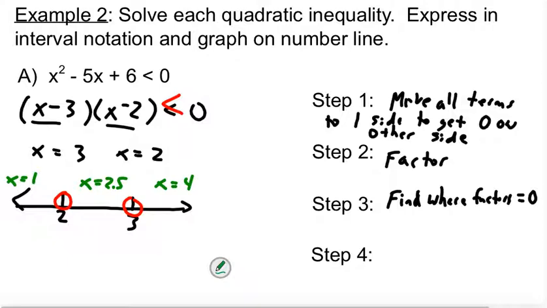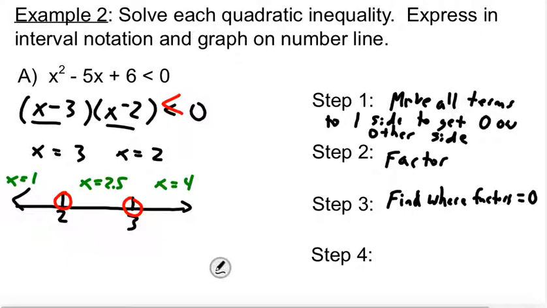All right. So what you want to do here is you can either put the 1 back up in the original equation and substitute the 1 in for your x value. So you could do 1 squared minus 5 times 1 plus 6 and see what your value is. Or you could put the 1 into the factors, 1 minus 3 times 1 minus 2, however you want to do that. I personally like to put it into the, it kind of depends. Sometimes I like to put it into the original and sometimes I like to put it in the factored.